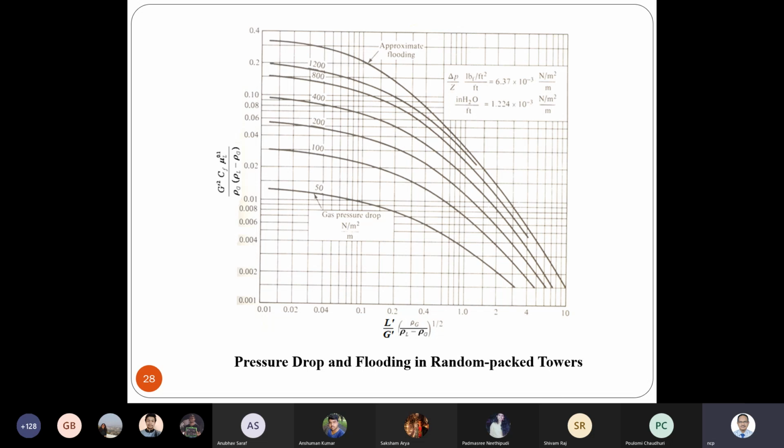Now you take the actual gas velocity as a certain percentage of this flooding velocity. Generally for tray towers, we have seen that if the liquid is foaming, then we take 75% or less of the flooding velocity as the actual velocity, but if it is non-foaming, then 80 to 85%, right?